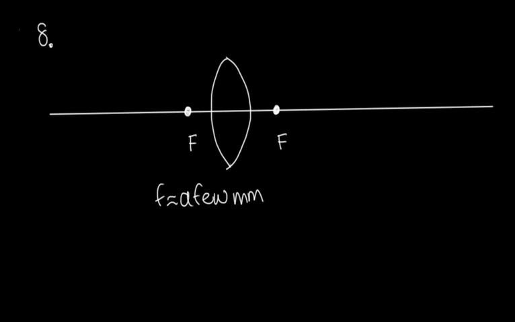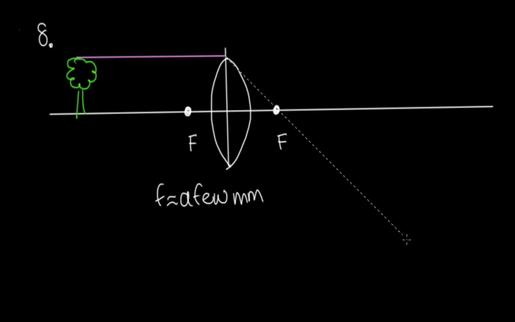And now let's just check that this is going to cause us to see things upside down. So let's imagine here's a tree, and let's sketch the light rays coming from this tree. We'll sketch the 3 primary light rays. Let's draw our line through the middle of our lens so that we can work out what's going on. Let's draw a ray coming from the top of the tree, comes parallel to this principal axis, and it's then refracted through the focal point.